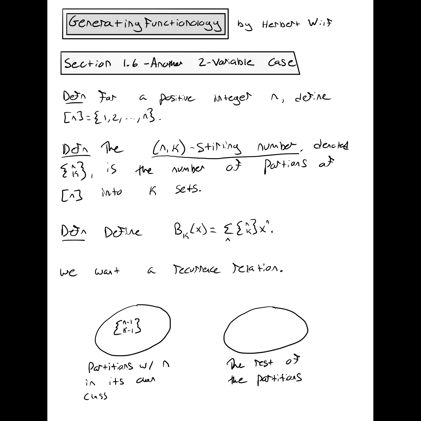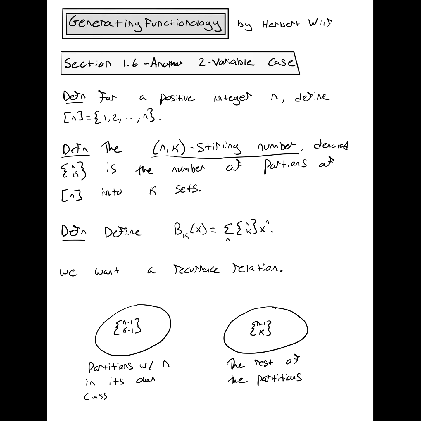So if we take all of the partitions where n is in the first class, we're still choosing k classes, n is just in one of them, and it's possible that other elements land in that first class. But we're only choosing from n minus 1 different elements.